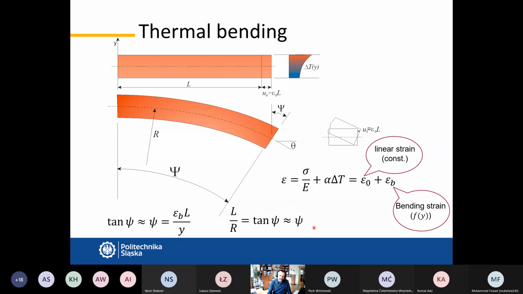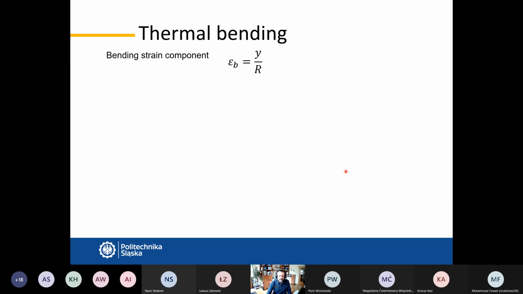So it is exactly the same, expressed in this form. If we combine these two expressions together, we connect L, R and the location on the section. So epsilon B would be Y over R.